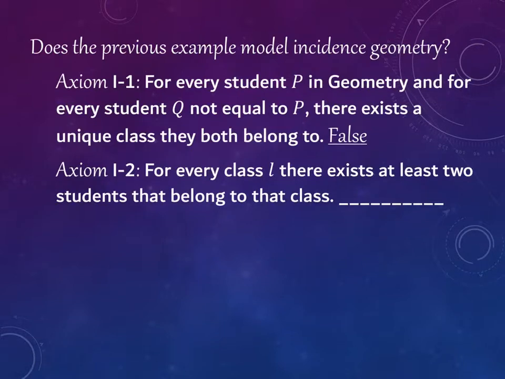Now, in reality, we could actually, in some sense, sort of stop. We know this is not going to be an interpretation, but for the sake of actually checking the others so that we can think about them in future problems, we're going to check all three of them, okay? So our second incidence axiom with this interpretation laid upon it says, for every line, which would be our classes, so for every class, there exists at least 2 students that belong to that class.